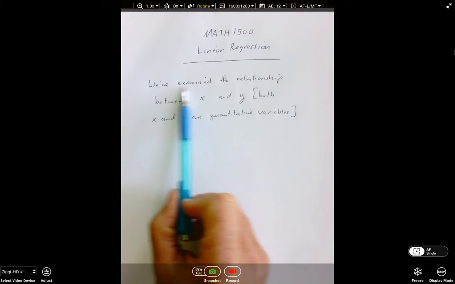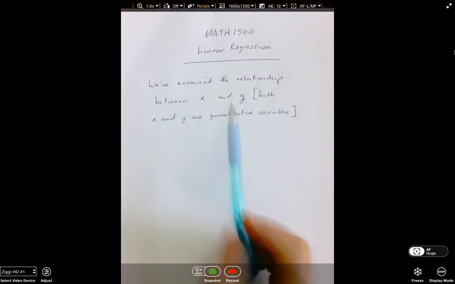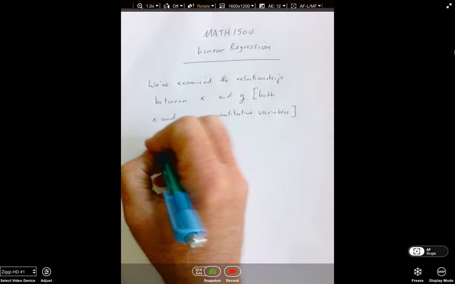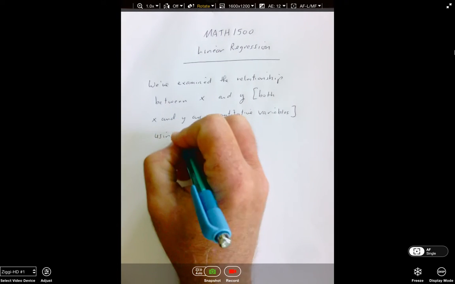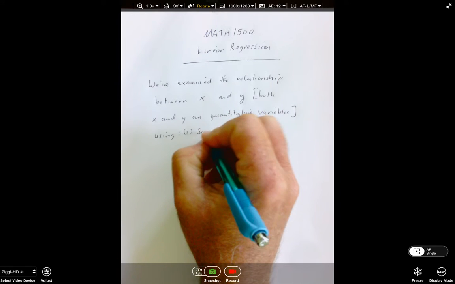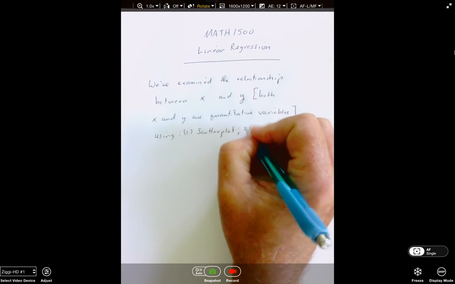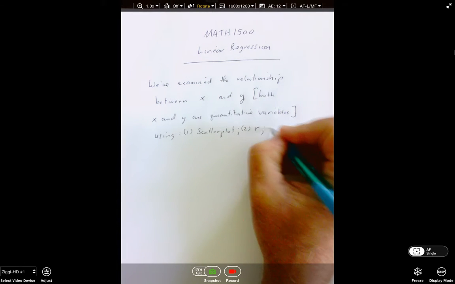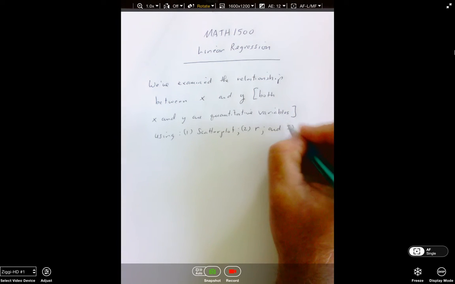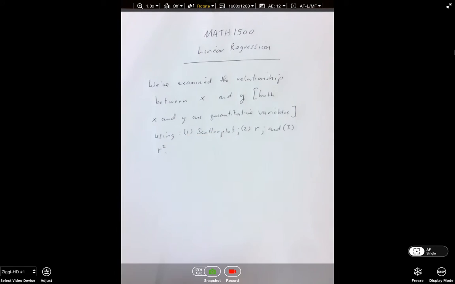So we're assuming here we've examined the relationship between x and y using what? Scatter plot, R, and R squared.